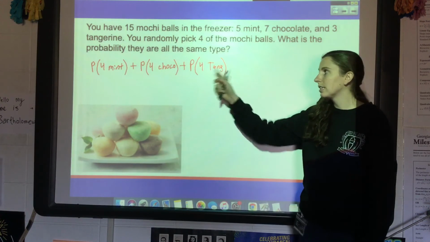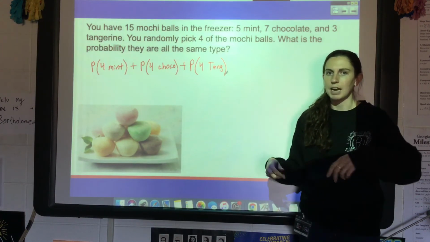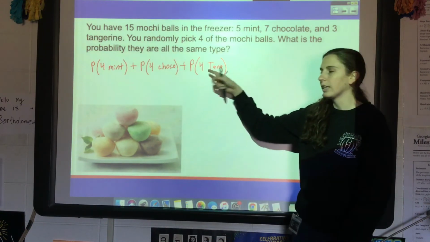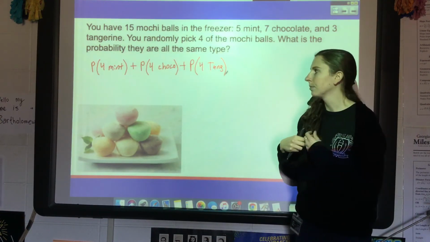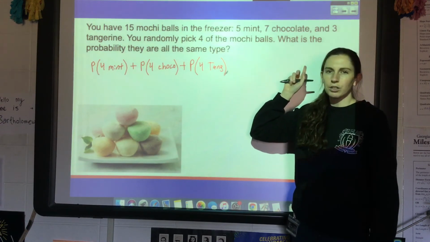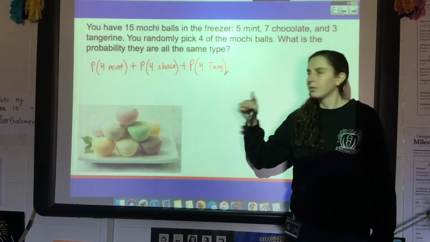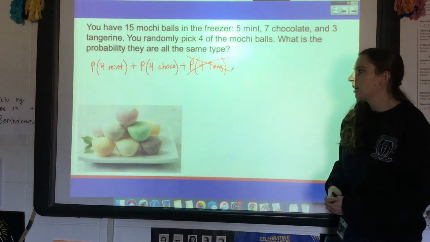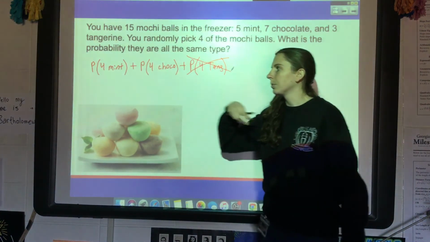So either of these scenarios, we could have all the same type. And so it could be this, or it could be this, or it could be this, and so we add them together. You may be noticing this can't happen. We only have 3 tangerine, so the probability that we're gonna get 4 is 0. So we don't have to worry about that one really. We're just gonna have to add up these 2.